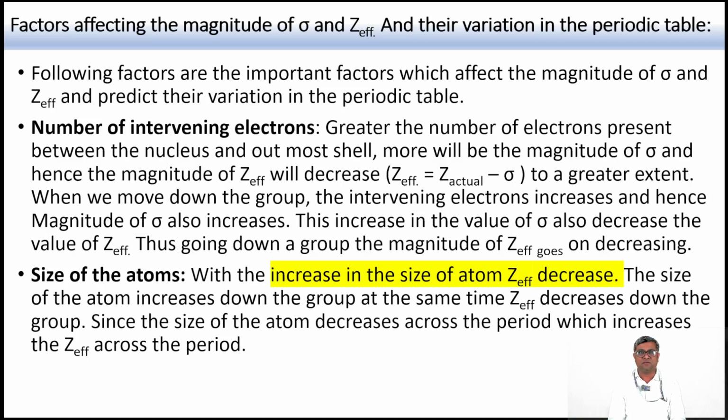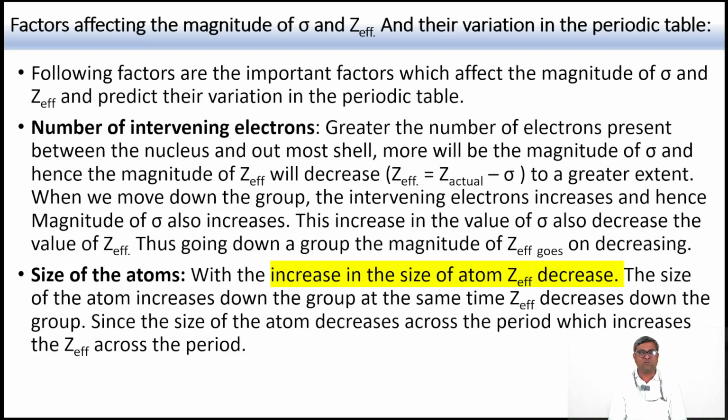There are the following factors that can affect the value of sigma and effective nuclear charge. First, the number of intervening electrons. The greater the number of electrons present between the nucleus and the outermost shell, the greater the magnitude of sigma, and hence the effective nuclear charge decreases to a greater extent.